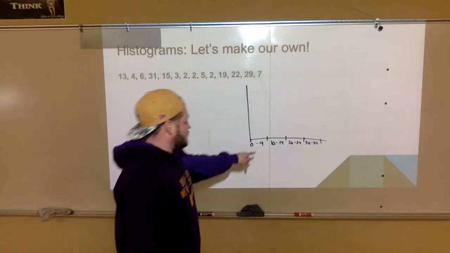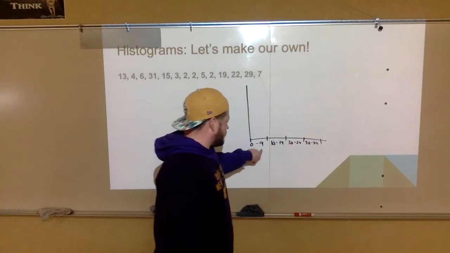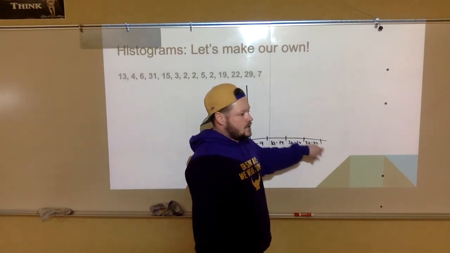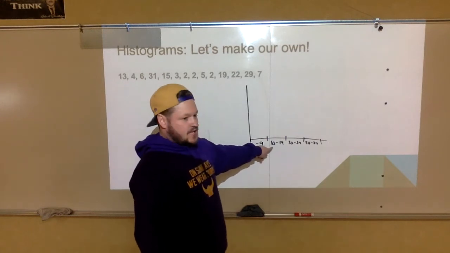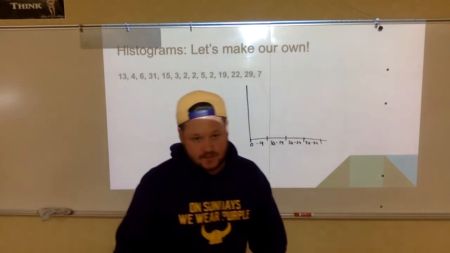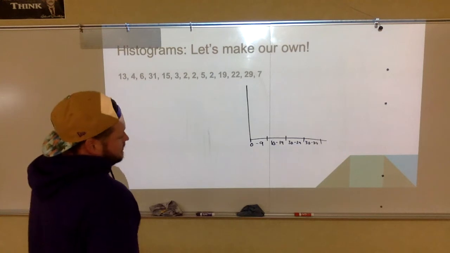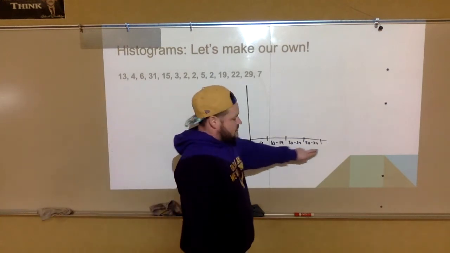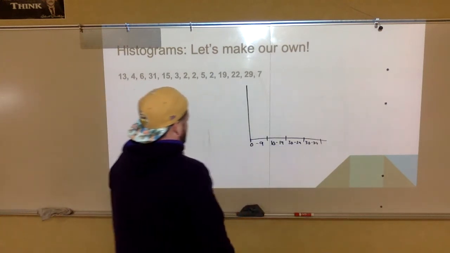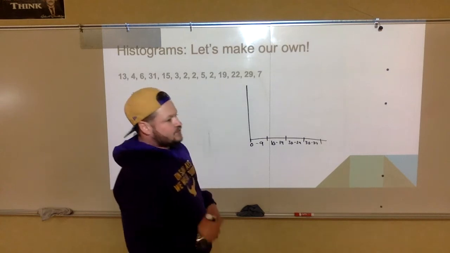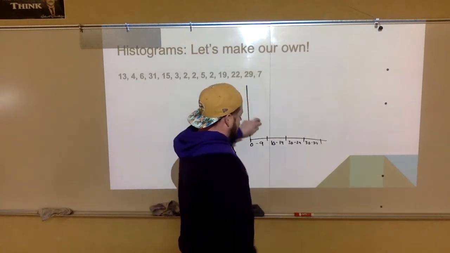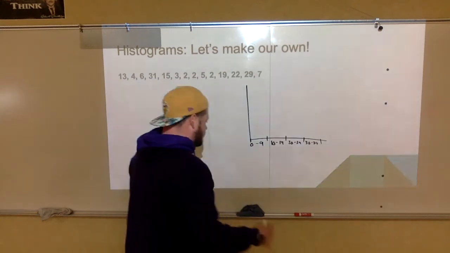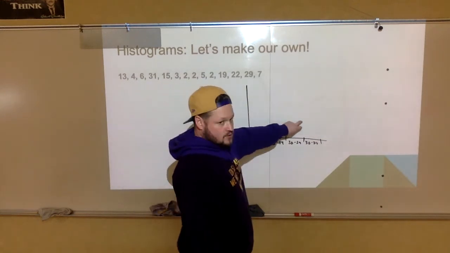But notice, these are all the same amount of numbers: 0 to 9, 10 to 19, 20 to 29, 30 to 39. It's not like I'm doing 0 to 9 and then 10 to 50. That wouldn't make any sense. All right, so that's probably the hardest part, in my opinion, setting up these numbers so that they're exactly the same. Now on the y-axis here, that's the frequency, or how many times these numbers fall into these number ranges.